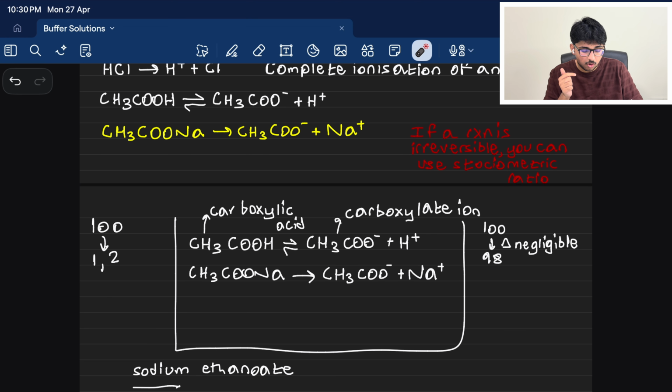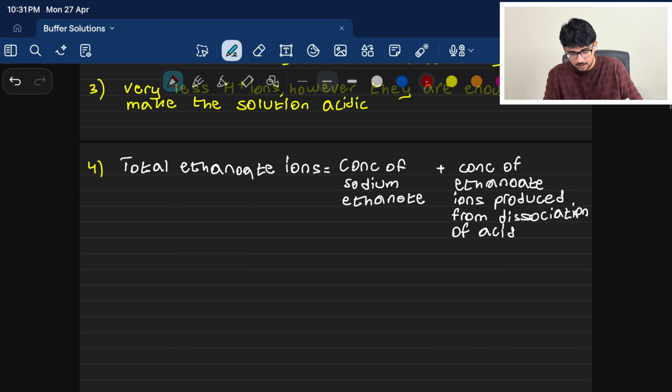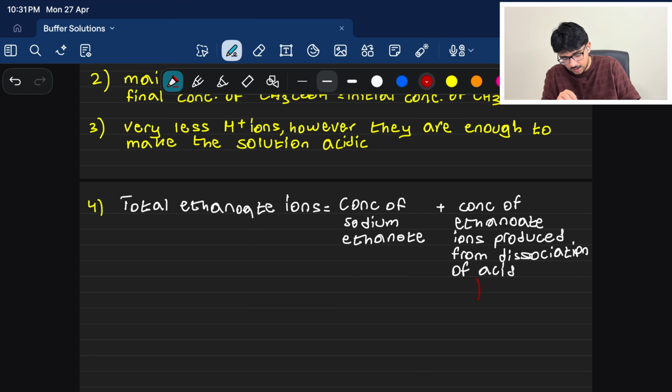So if 1 or 2 molecules dissociate, 1 or 2 molecules of ethanoate ions are going to be formed. So how many are you forming here? 1 or 2. 1 or 2 is negligible. So we say that this entire thing in the bracket is negligible.